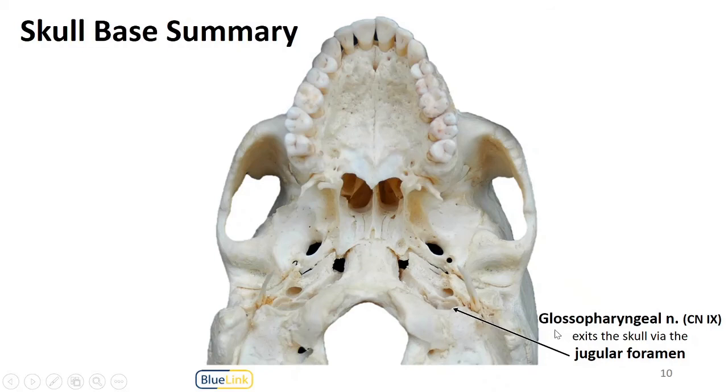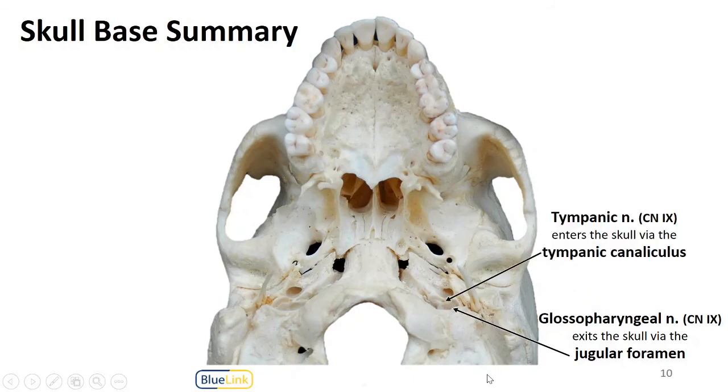So we know that the glossopharyngeal nerve will exit through the jugular foramen, and then it gives off a branch that re-enters the skull to enter into the temporal bone or the middle ear, and that is the tympanic nerve. And you can see that tiny pinpoint there is the tympanic canaliculus.